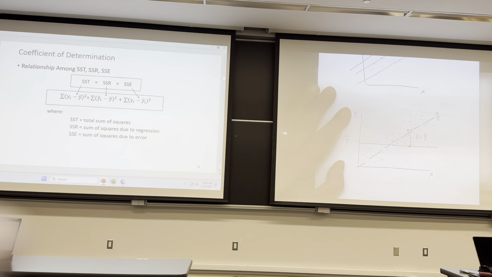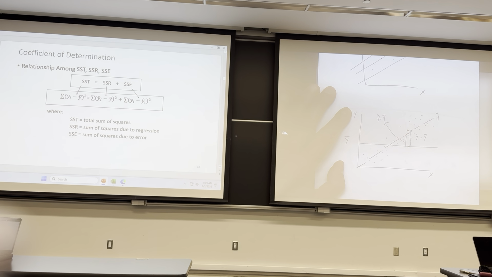Error has gone down substantially. So this thing is y hat minus y bar. Your error has gone down by this much.